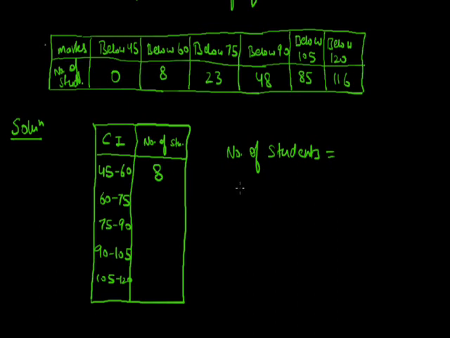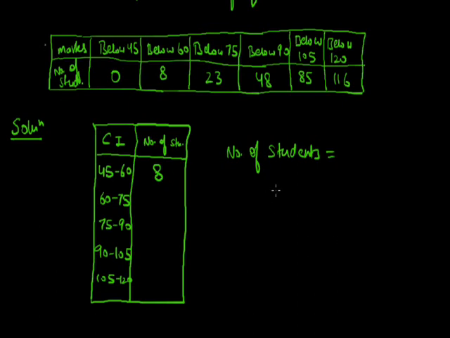The number of students below 75 is given, that is 23. We need to subtract those students which are below 60. Below 75 actually covers all students who are below 45 and below 60. So we need to subtract the students below 60 from the students below 75. Then we'll get the number of students between 60 to 75.